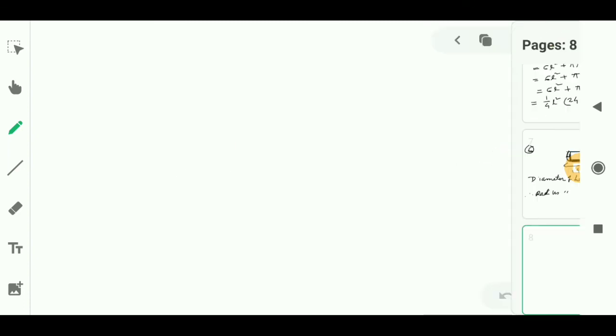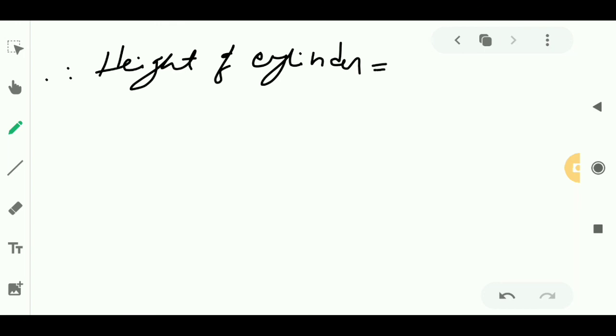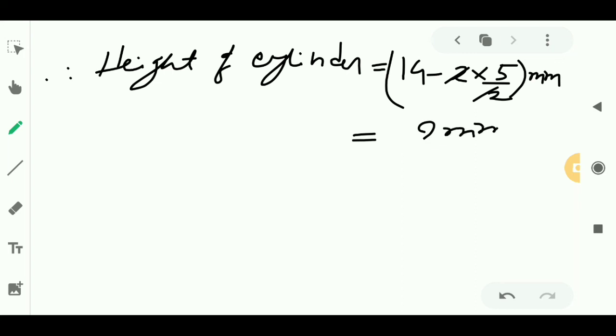Therefore the height of the cylinder will be: total length is 14, and from there we have to subtract the radius from both sides, two hemispheres there. So it will be 14 minus 5, 9 millimeter will be the height. This one we can denote h.